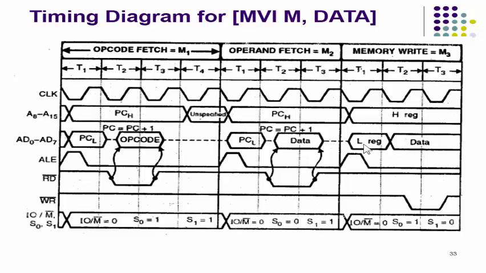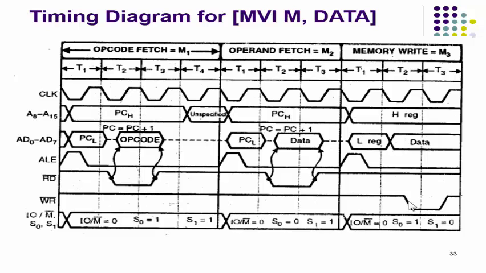Once the lower order address provided by the L register gets latched in the latch device, the same lines are used for the data writing operation, that is, the processor is going to write data in the memory, data from the 8085 data bus to the memory device.